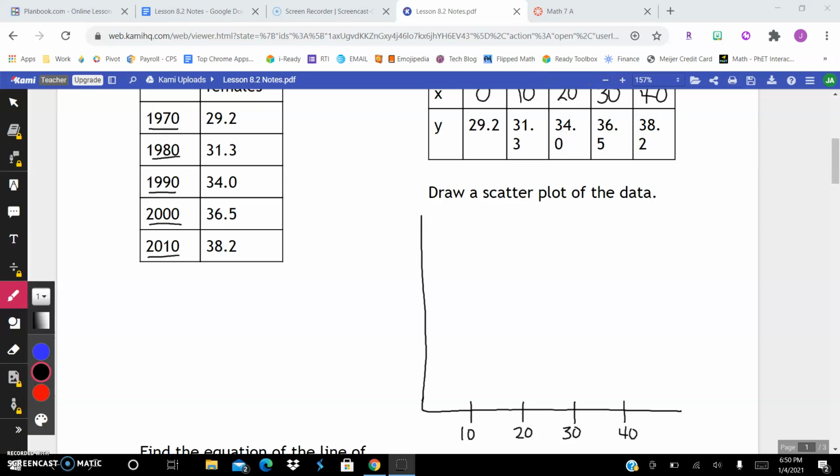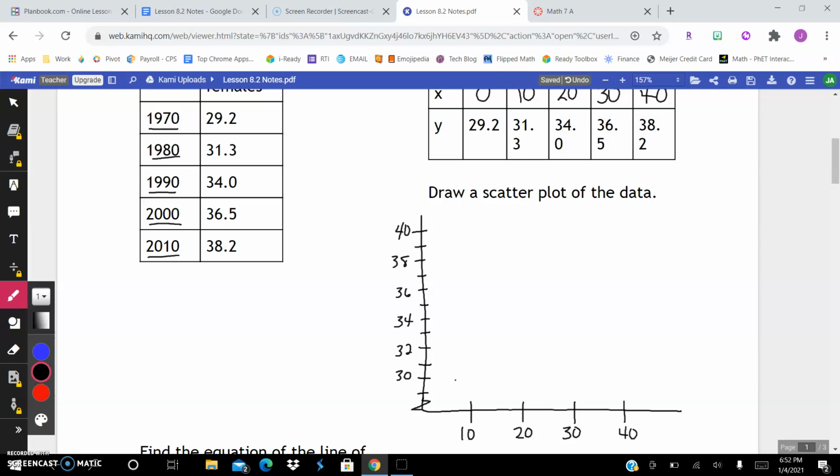So I'm going to make a little squiggly here saying we're not starting at 0, and I'm going to go up by 1s. All right, so we're going to plot our information.